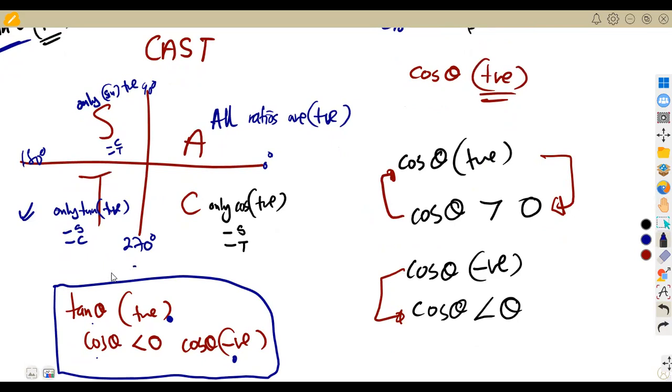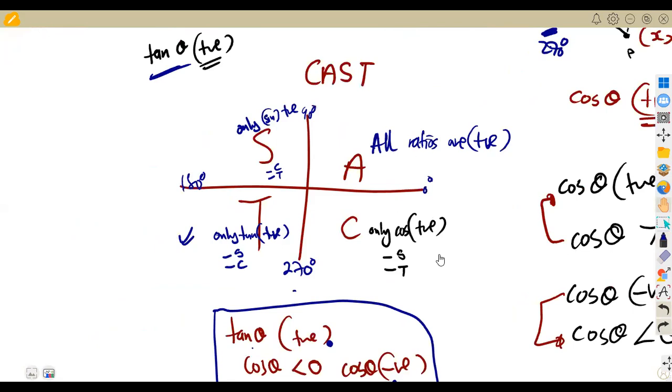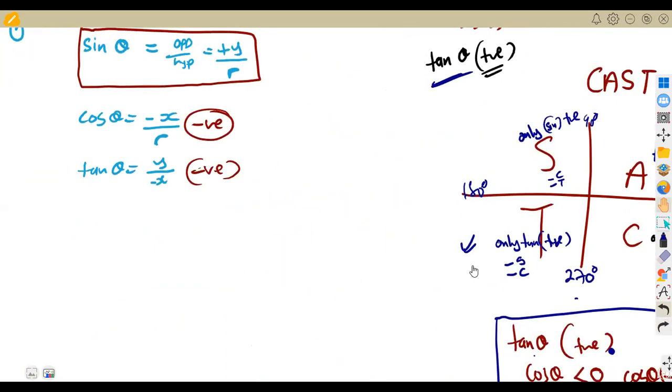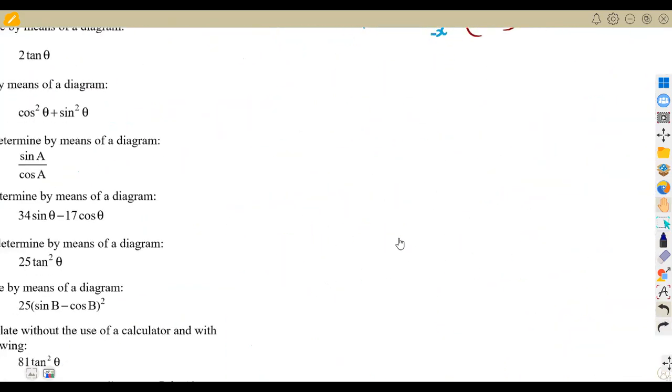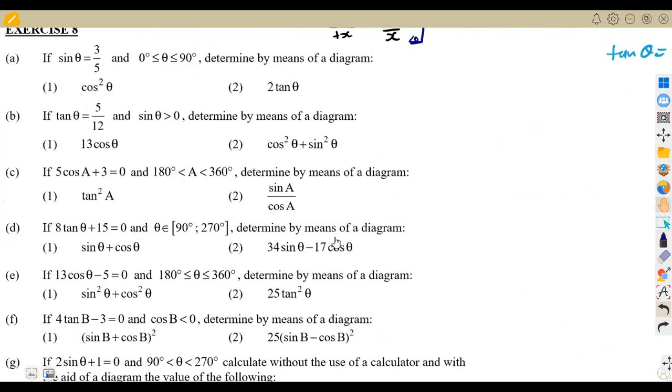So you are supposed to have the knowledge of your angles, because they can represent your trigonometrical ratios in this way, that it is less than this or greater than this. You are supposed to know every concept. All right, so let us see how we are going to apply all of this information.